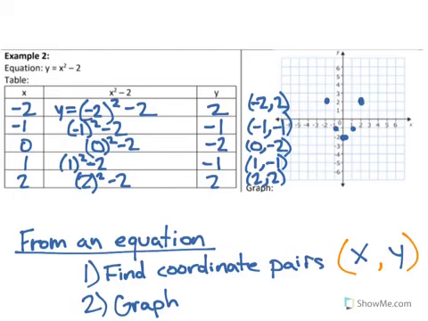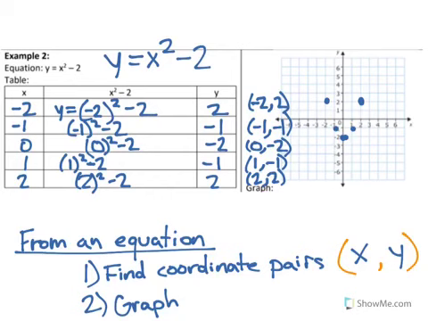Now, this may look a little bit different than example 1, and that's because this is a quadratic equation. All that means is we have y equals x squared. Whenever we see that there's a 2 as an exponent, that means we have a quadratic.